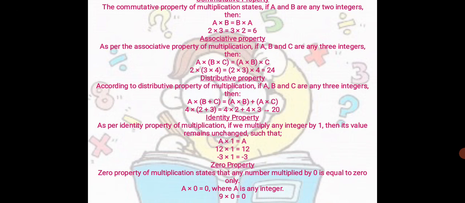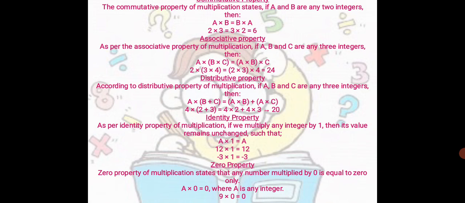Third property. According to the distributive property of multiplication, if A, B, C are any three integers or digits, A into B plus C is the same as A into B plus A into C. Children, look at this property.